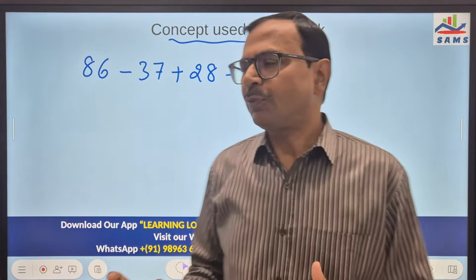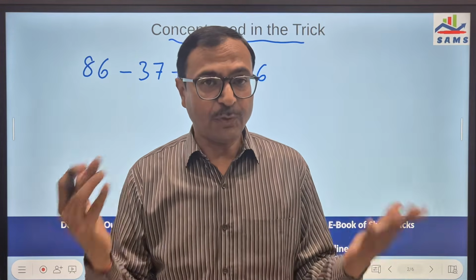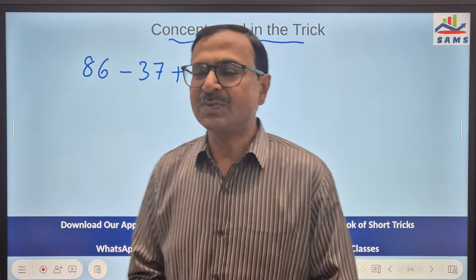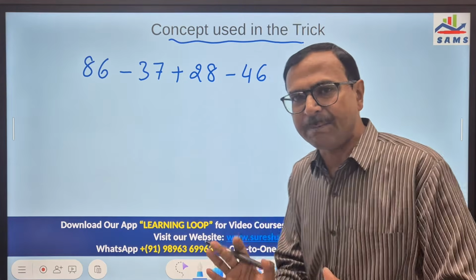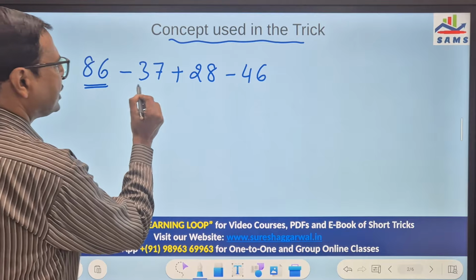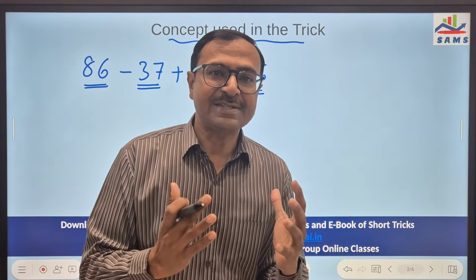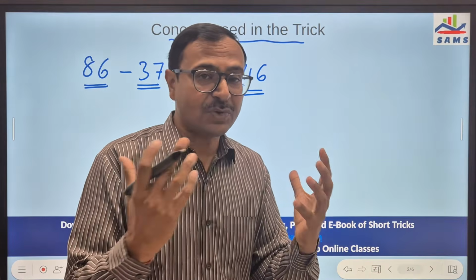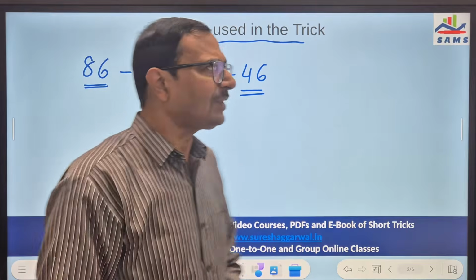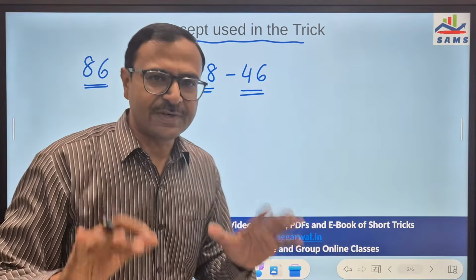Now I know most of you can do this orally also, but for focusing on the concept of the trick, you need to understand what is going on, and that is why I am taking a very simple example first. So here you can see I have taken all 2-digit numbers. Now there can be a case when we are subtracting numbers containing different number of digits. So I'll come to that also. Let's have the numbers which contain the same number of digits first.